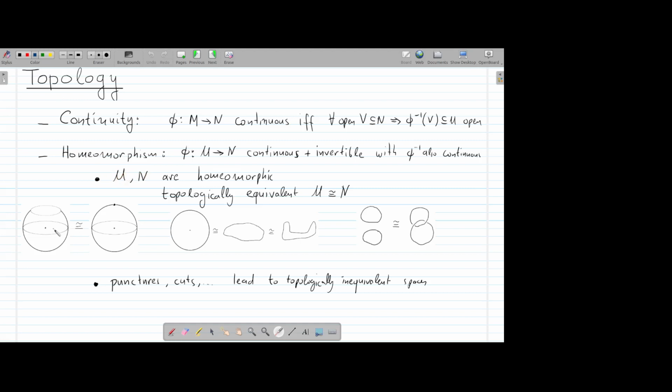So we see here examples of homeomorphic spaces, the one that we discussed before: the sphere with the northern cap missing and the sphere with one point missing. And of course here you can add the plane, the whole plane R2, as being equivalent to the sphere with the cap missing. So this is not equivalent to the sphere, because if you add a point, you obtain a topological space which is not homeomorphic to the plane.